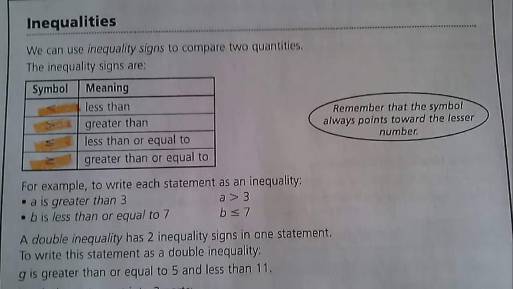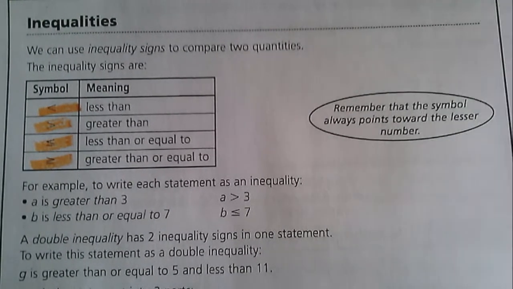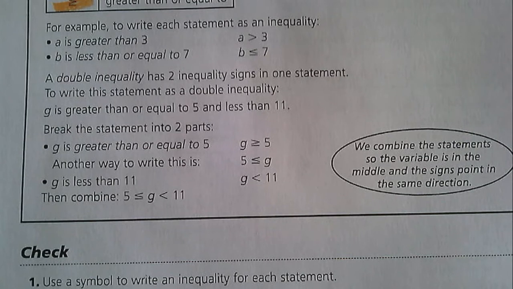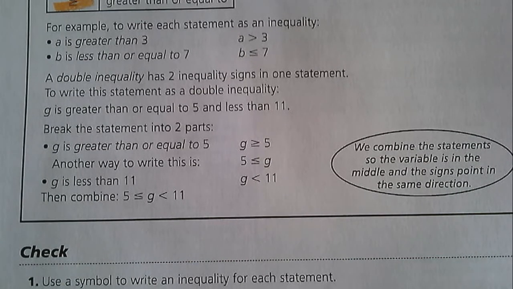Now, a double inequality is just two inequality signs in one statement. You'll see a few examples here. They suggest, and I do too, to break it into two parts. It makes it a little bit easier. So break it into two parts and then combine it together. This inequality says G is greater than or equal to 5 and less than 11.